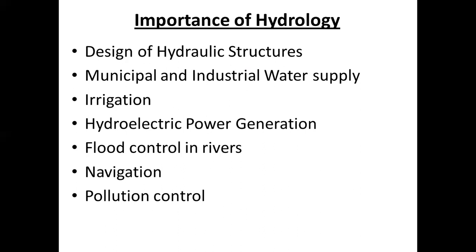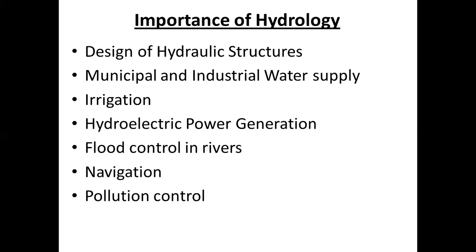This can be done with proper understanding of hydrology for a given river basin, thus making the irrigation project a successful one. Artificial recharge will also increase the groundwater storage. So the groundwater potential can also be increased. Okay, so we don't have to be dependent only on rain. We can plan the water in such a way that it can be stored and further utilized whenever there is a need.